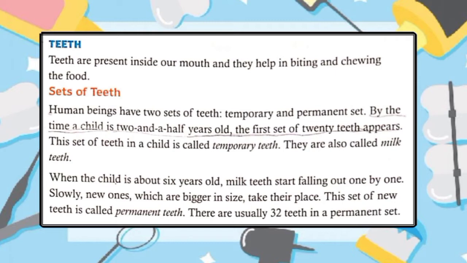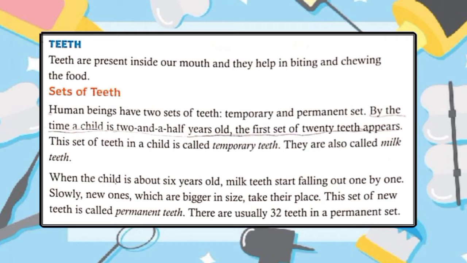Next is sets of teeth. Human beings have two sets of teeth, temporary and permanent. By the time a child is 2.5 years old, the first set of 20 teeth appears. This set of teeth in a child is called temporary teeth. They are also called milk teeth.